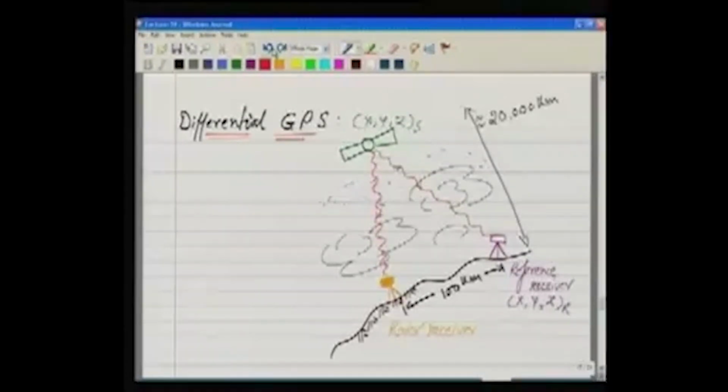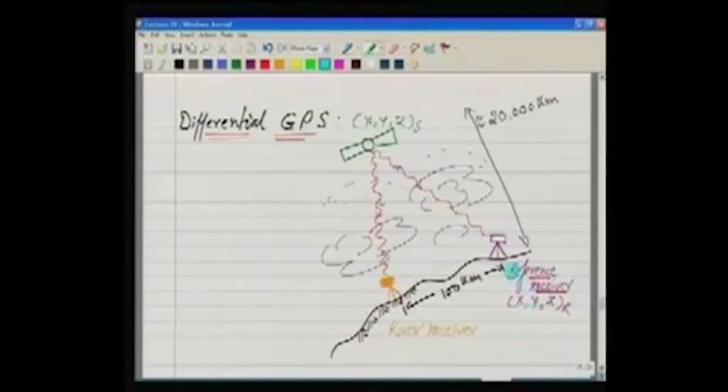So in this case, instead of this, we fix a reference receiver also. So this is the reference receiver. Now what is the meaning of reference receiver? Reference receiver means we know its position, where it has been fixed. So we know the coordinates where the reference receiver is actually sitting.